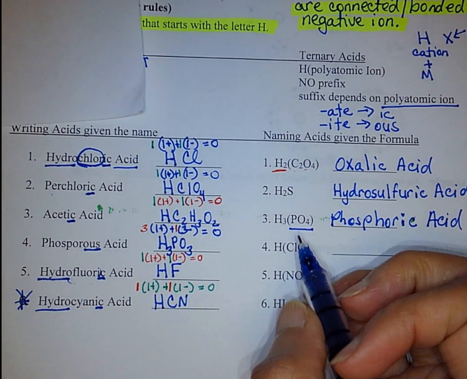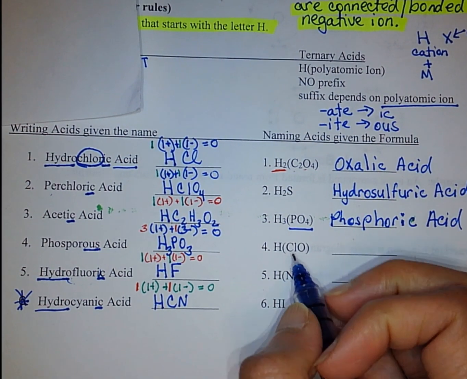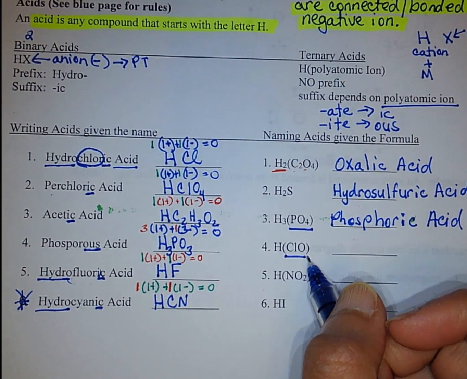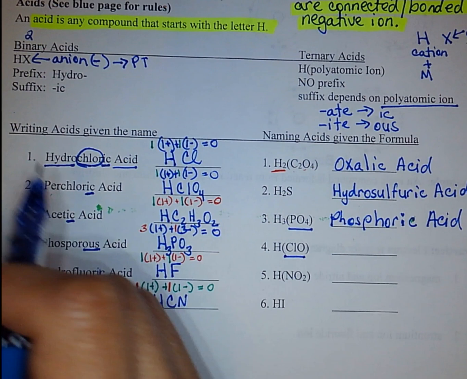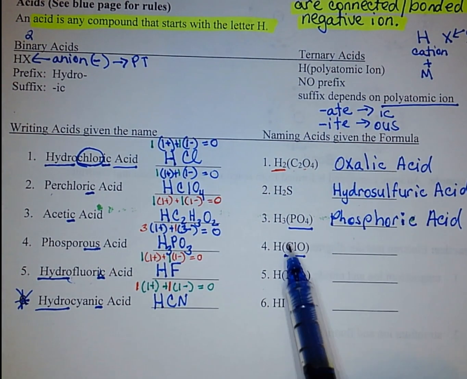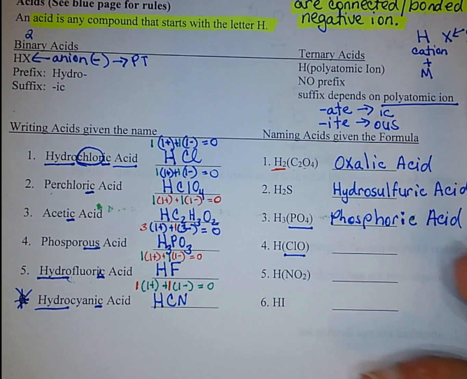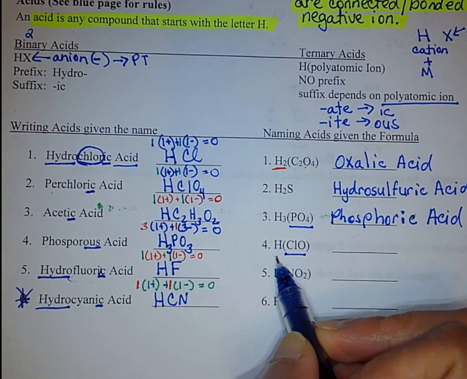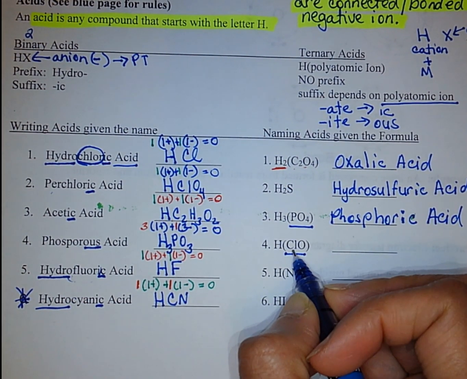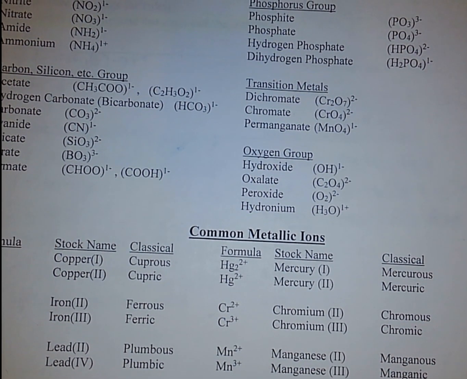The next one is again got a hydrogen, so we do have the word acid attached to the end. But now, this is ClO. First of all, that is not a binary. It's more than 2 elements. It's got the oxygen, so we know it is ternary, with 3 or more elements in total. So you're going to look it up on your polyatomic chart. The ClO, what is that called?